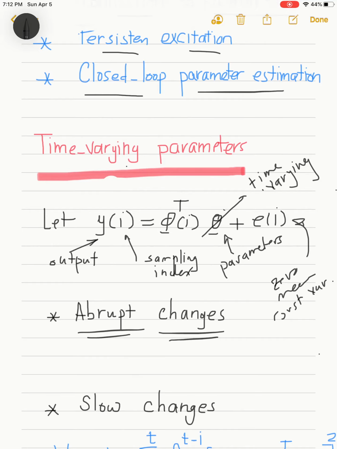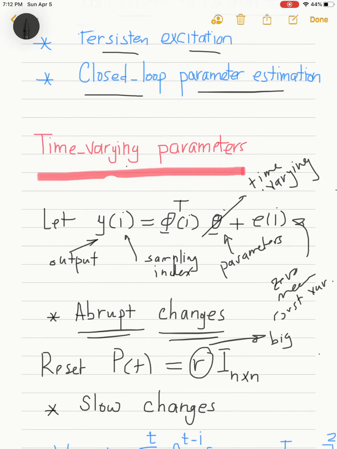In that case, what we do normally in parameter estimation is to reset the covariance matrix P of t to a value equal some constant r times the identity with dimension n by n, where n is the number of parameters to be estimated, and r is some big number to reflect that something big has happened concerning the change of the parameters. And we continue our recursive least square using the value of P of t as we do it.